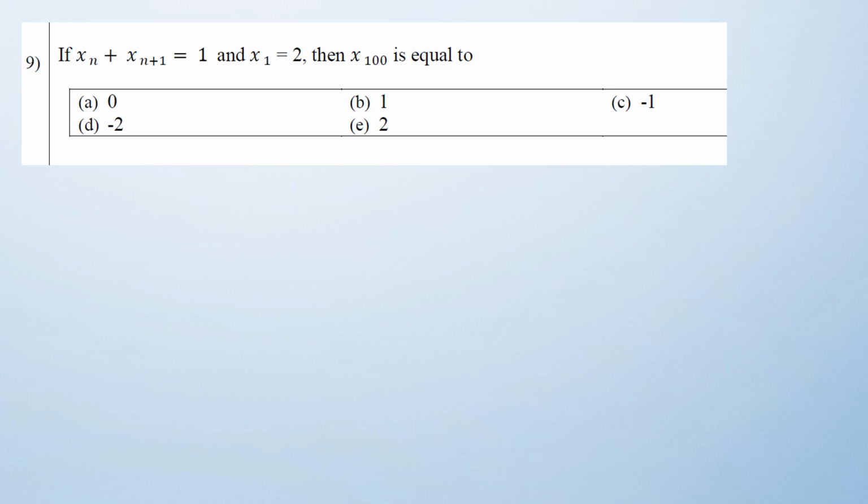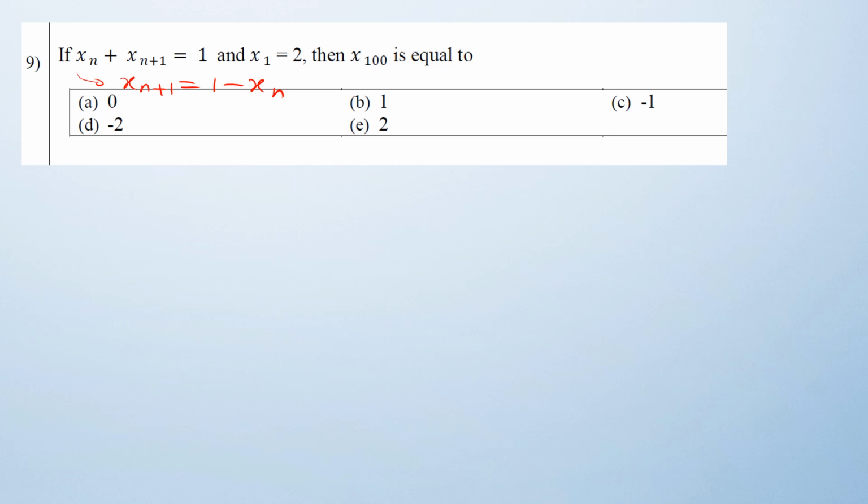Question number 9. Here we have a recursive function for the n plus 1 term when the first term is given. So from this we can have the recursive function for the n plus 1 term as 1 minus xn.